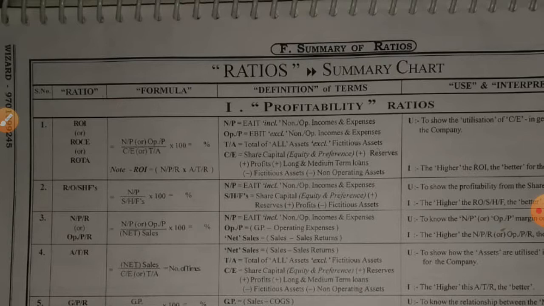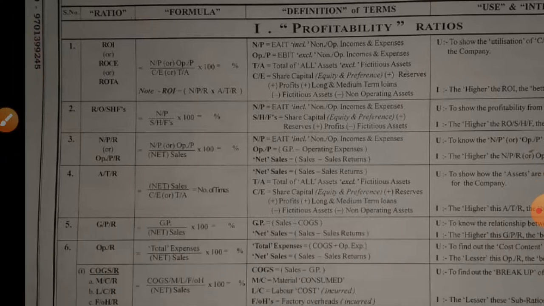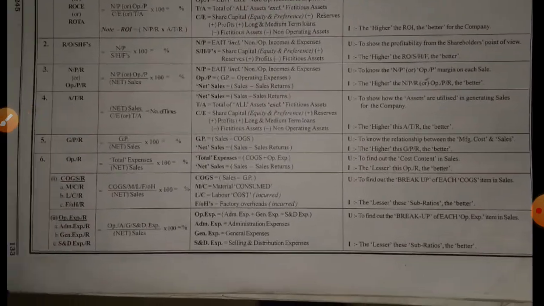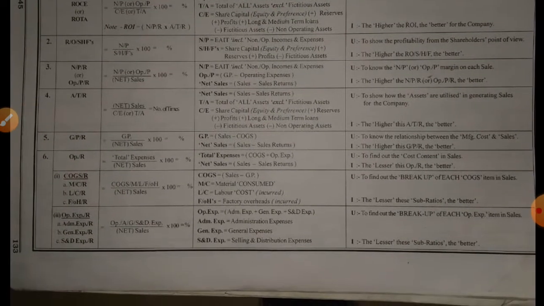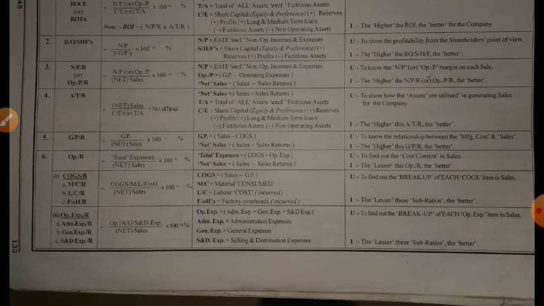For the other ratios like net profit ratio, operating profit ratio, gross profit ratio, operating ratio, cost of goods sold ratio, or other expense ratio, your denominator will be net sales and the numerator will change. If it is net profit ratio, net profit.